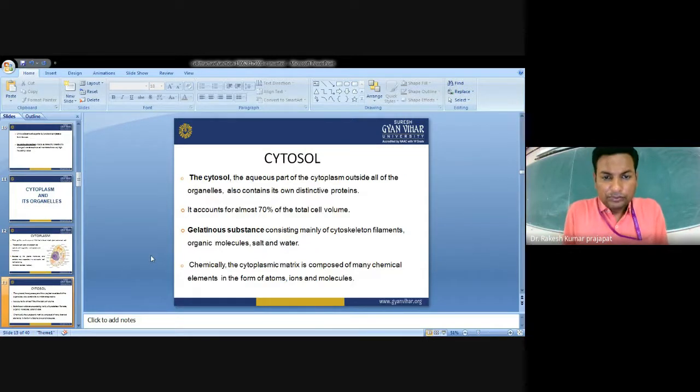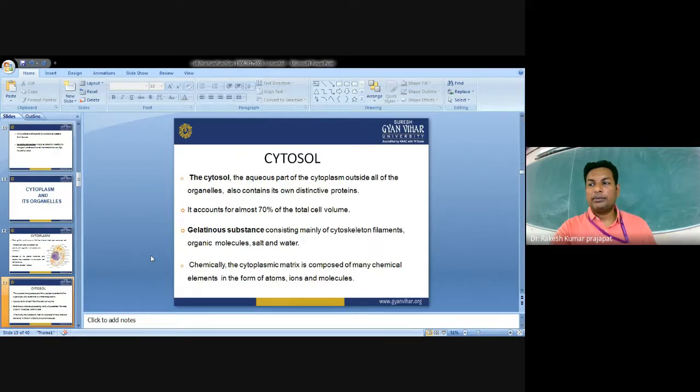Cytosol is the aqueous part of the cytoplasm outside all of the organelles. When we remove all the cellular organelles, the matrix that remains is the cytosol. It also contains its own distinctive proteins. It accounts for nearly 70% of the total cell volume.